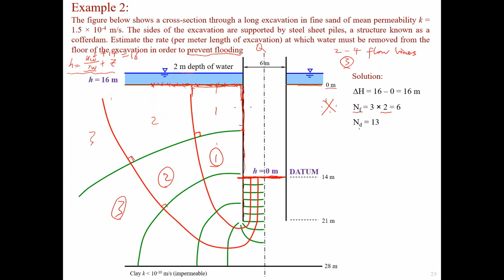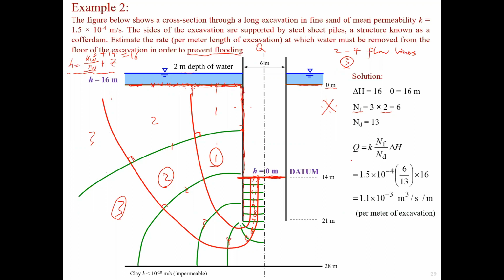And then the number of head drops. Again, this is the initial head, and then we count the head drops. That will be the first head drop, then second, third, fourth, fifth, sixth, seventh, eighth, ninth, 10th, 11th, 12th, 13. So in total we have 13 head drops. No problem so far, right?